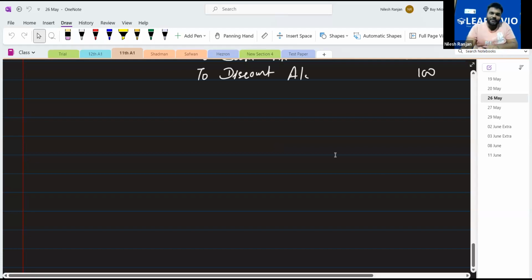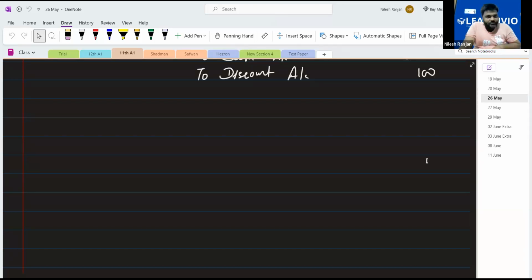Sir, what does insolvent mean? Insolvent means someone who will not be able to pay money. If I have sold goods on credit to someone, or given some money to someone, and that person becomes insolvent, it means his liabilities are more than his assets.